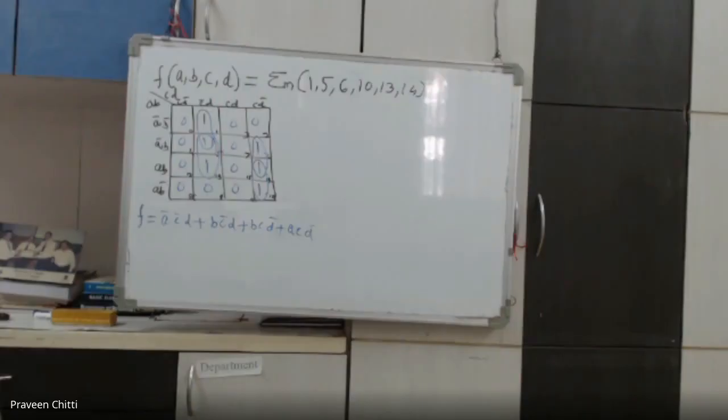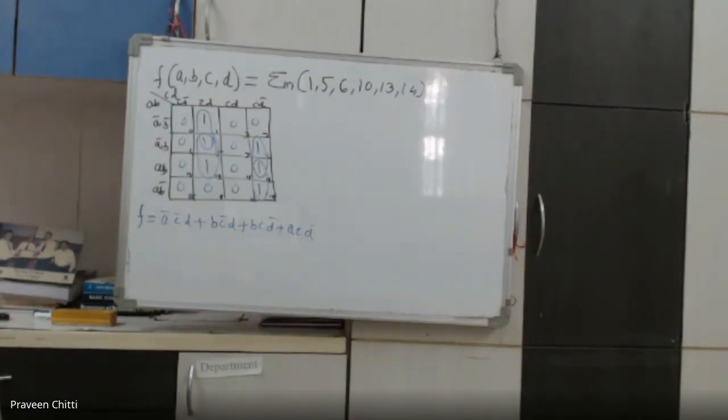So already we have implemented this equation in SOP form with 2-level and 3-level implementation. And I have asked you to solve the same example to get the 2-level and 3-level OR and combinational circuit.